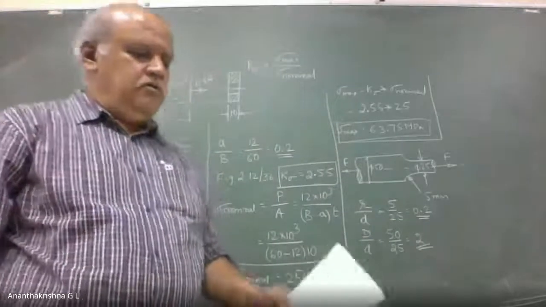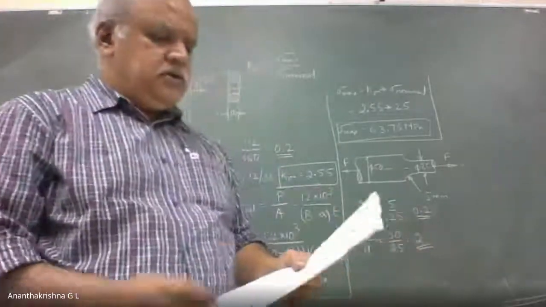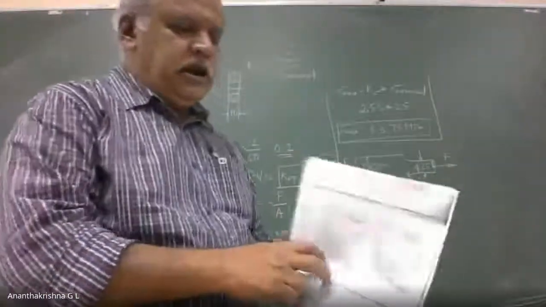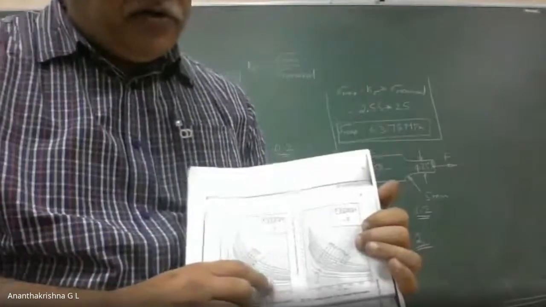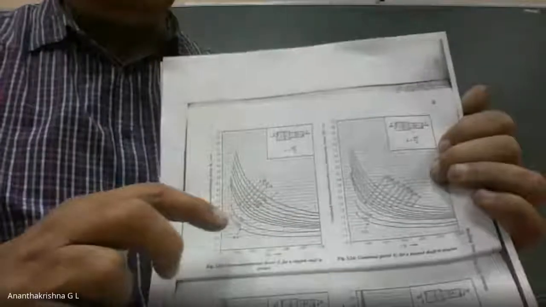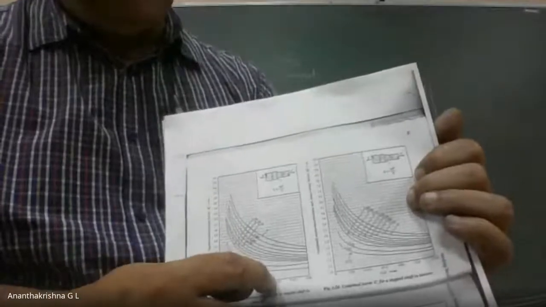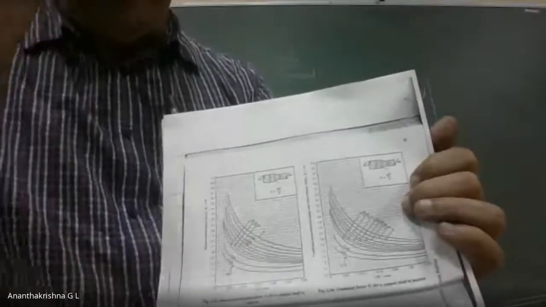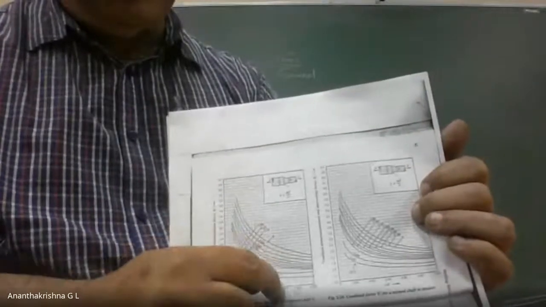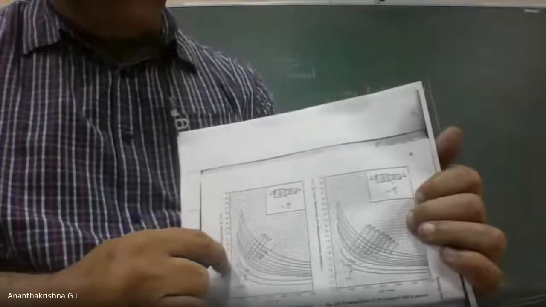Now for r by d of 0.2, go to the x-axis, go to r by d of 0.2. Travel upward till you touch the curve of D by d equal to 2, and then travel to the left on the y-axis.